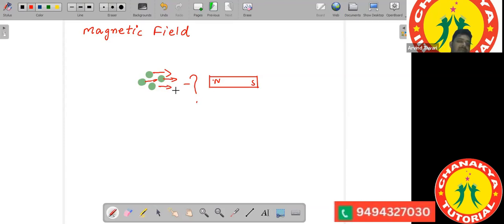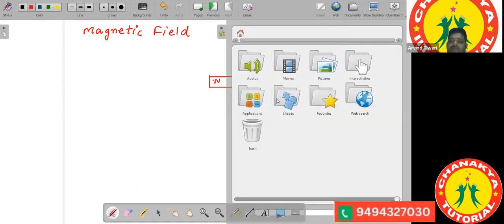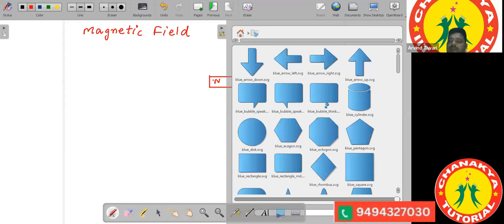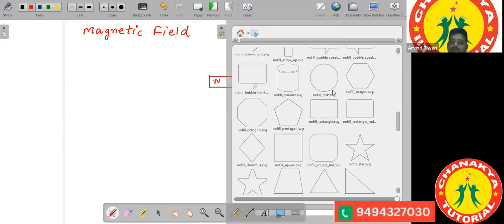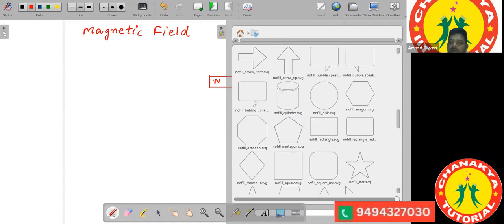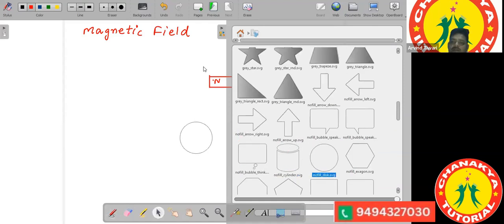So what is happening over here is that it was thought that the magnet creates a field around itself. The region around the magnet creates a field or space around it.